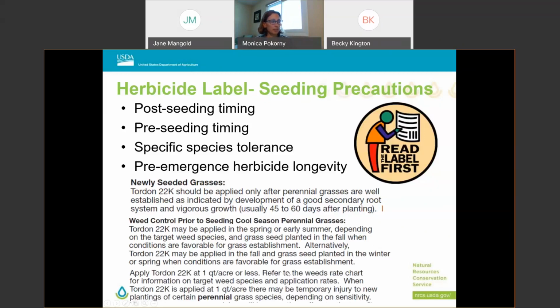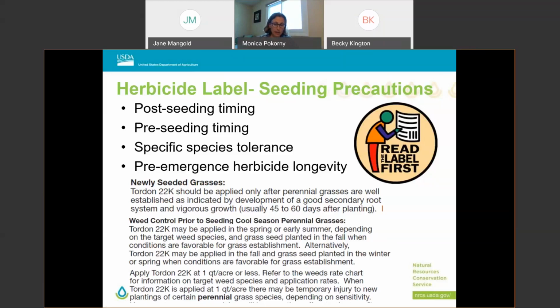And then some labels are going to be real specific to the plants that they're going to be selective for. So they're going to list certain perennial grasses, and they also might provide a list of the species to really be careful of that you might cause injury to if you use it in conjunction with revegetation.